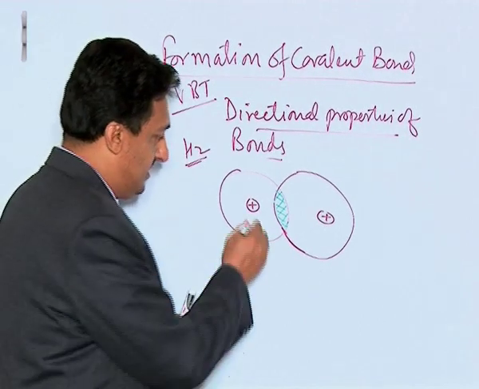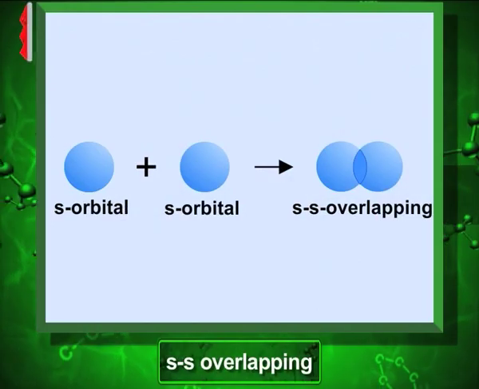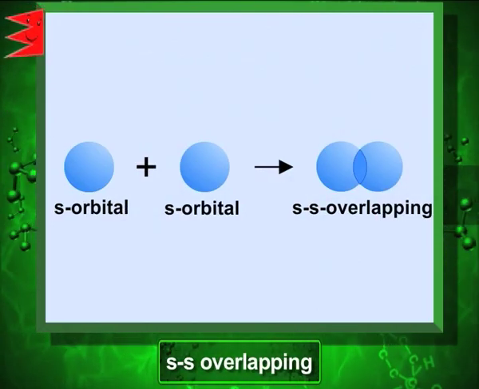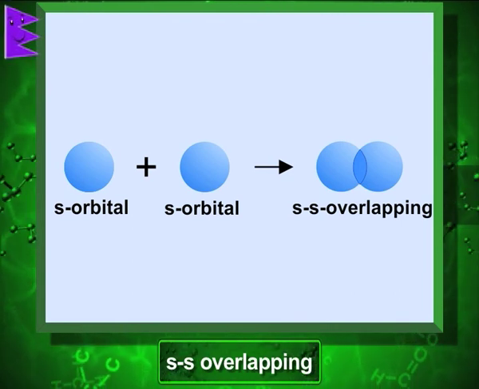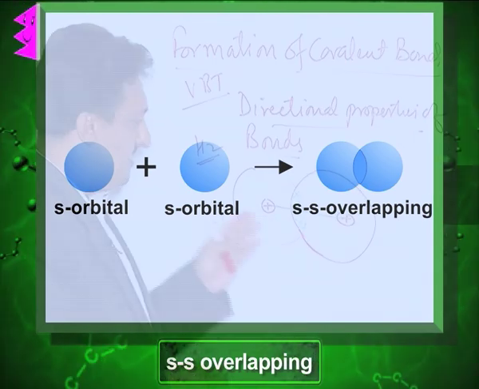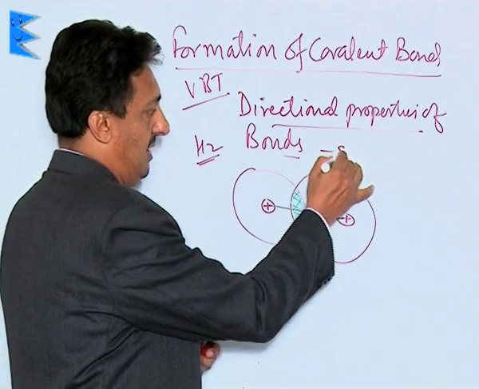And remember, this is the internuclear axis, and this ss overlapping, since they are spherical in shape, overlapping is very fine. So ss bond is also a very strong bond. So this is what we can have, ss overlapping.